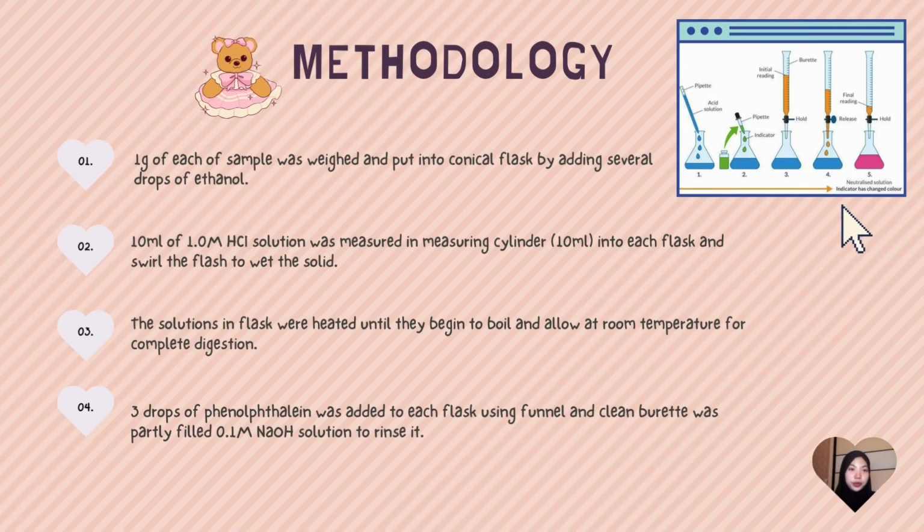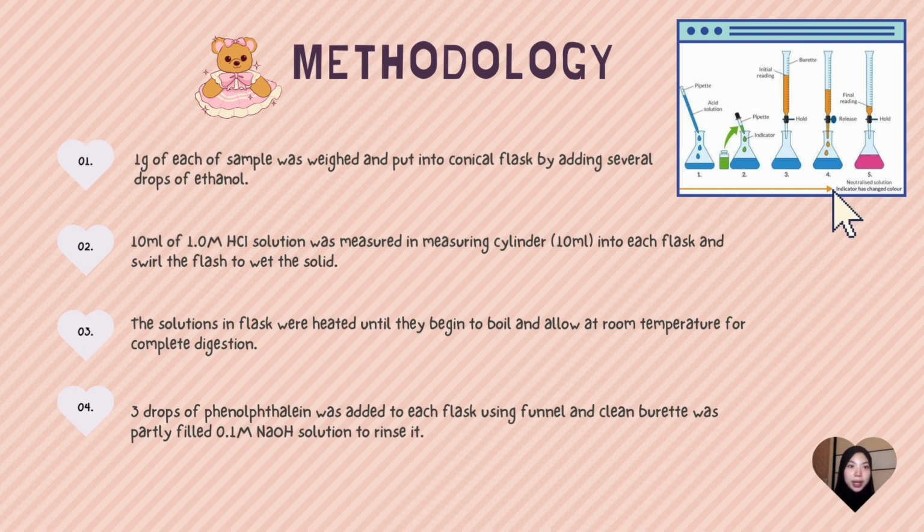Now let's move to the methodologies. First step, 1 gram of each sample was weighed on a weighing balance and put into a conical flask, adding several drops of ethanol, which acts as a wetting agent and helps the HCl dissolve the calcium carbonate, CaCO3.